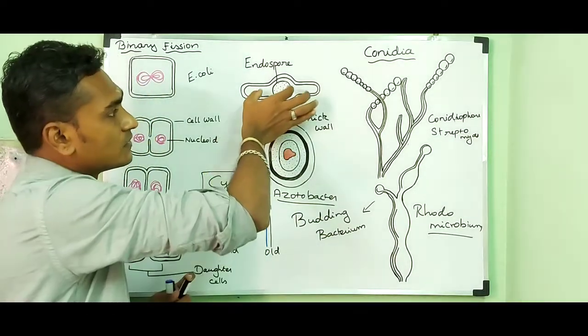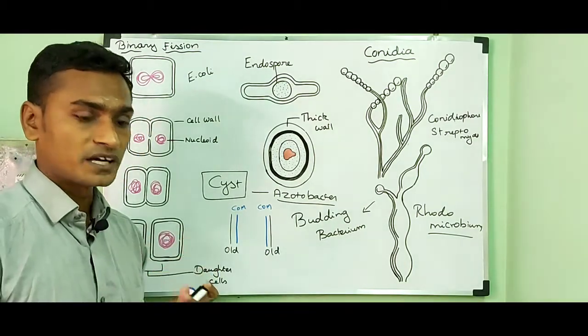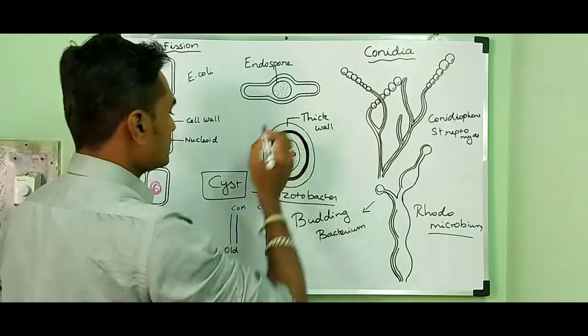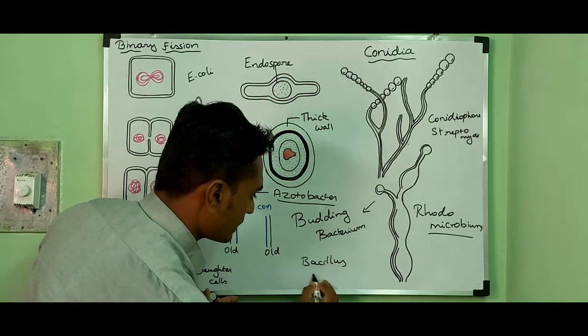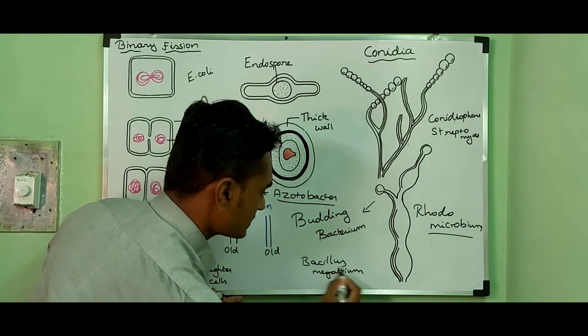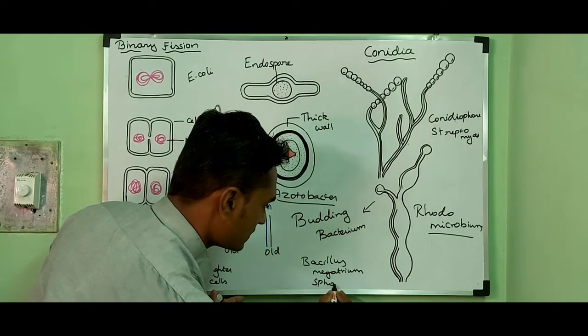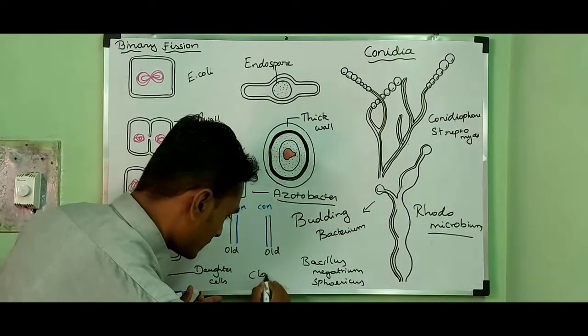Examples of endospore forming bacteria are Bacillus megatherium, Bacillus sphaericus, and Clostridium tetani.